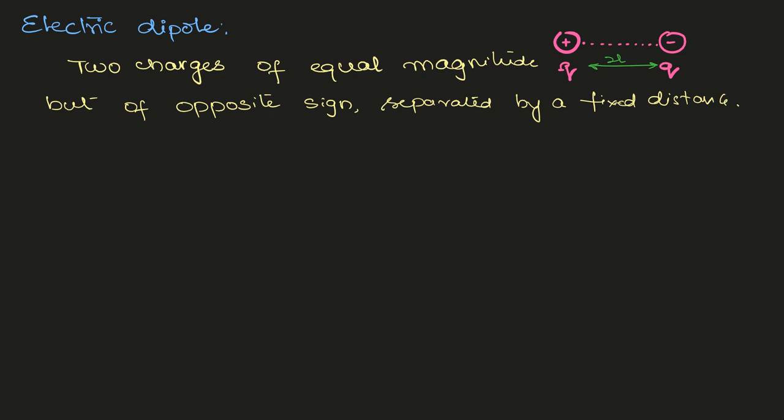For this dipole, we'll define a parameter called dipole moment. Dipole moment is represented with the letter P. It is the product of the magnitude of any one of the charges and the distance between the two charges.